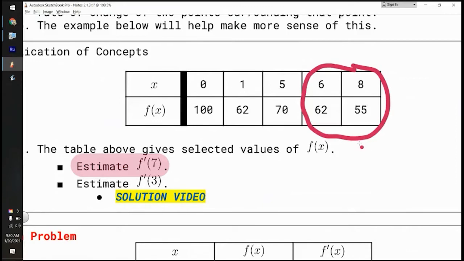Change in y is going to be -7, here the y changed -7, and then change in x is 2. And that's it. Actually, I don't even know why I said write that down. That's all you literally do. If you were going to estimate it, that's what would happen. If you notice the y's go down as the x's go up, so that means it's going to be negative. Don't mess that up.